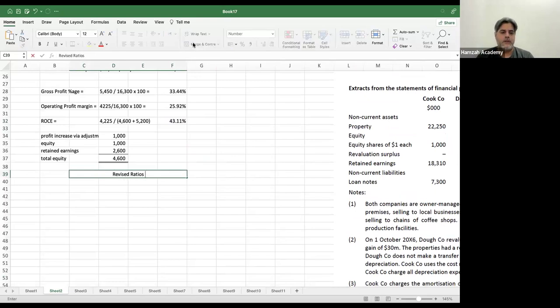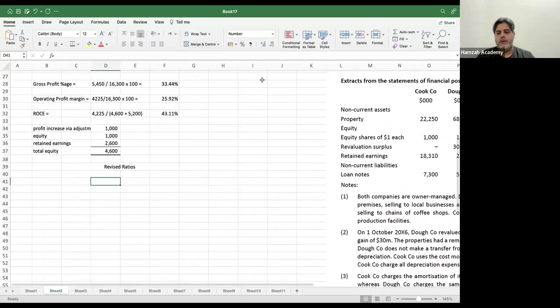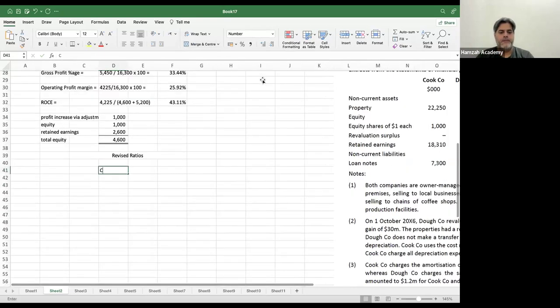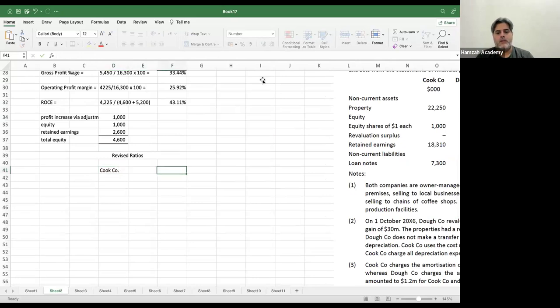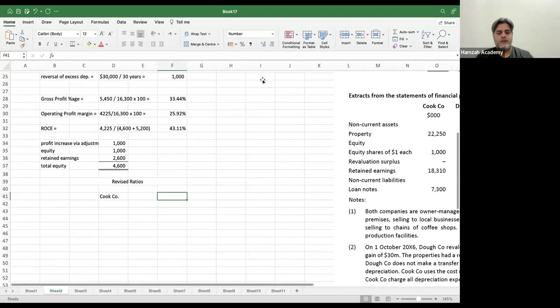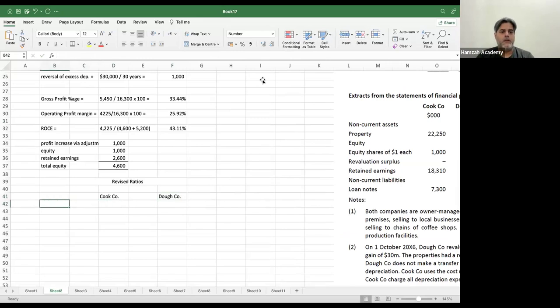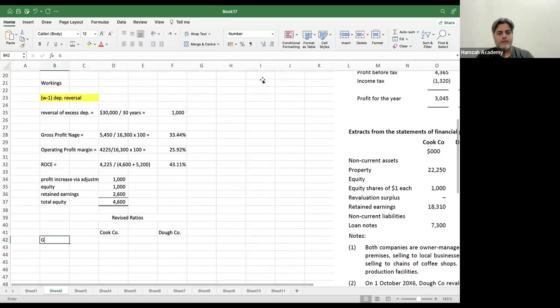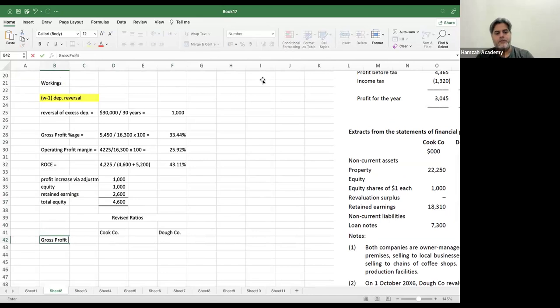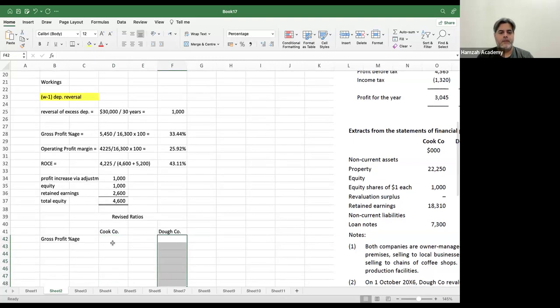So we are going to have the revised ratios over here. One is the Cook company and one is the Dough company. So we have the gross profit percentage, which we have just calculated.